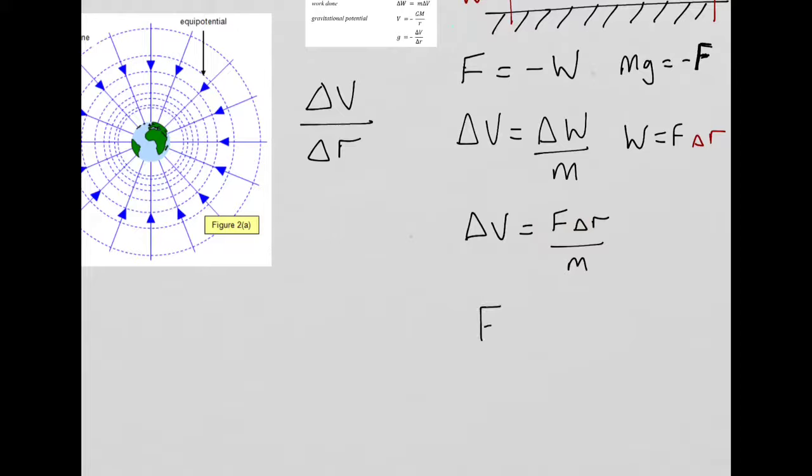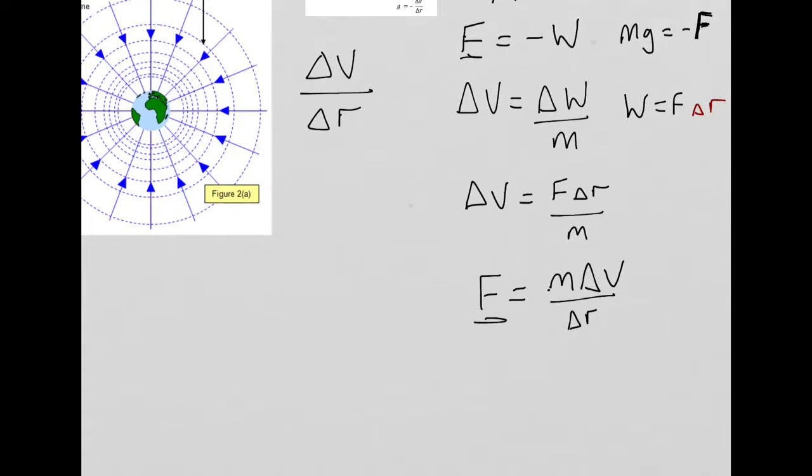So F is equal to M delta V over delta R. I had F up here, so I can recombine with that one, and say that mg would be equal to minus m delta V over delta R. That's just a combination of this equation and this equation.